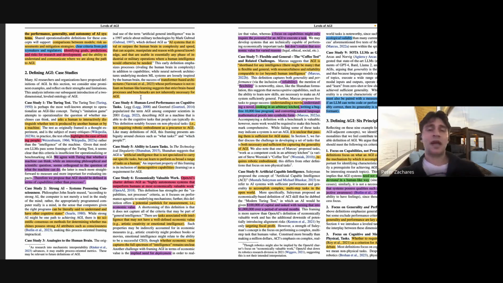Yeah, actually, that's a really good segue onto the point that I thought was really interesting on the next one, case study 4, which is human-level performance on cognitive tasks. So this would be tasks that don't require any kind of physical interaction.